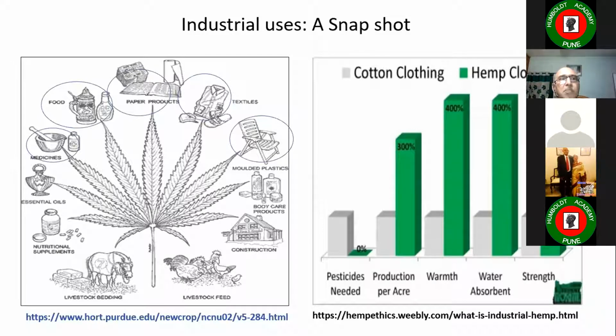It does not need much fertilizer because it has an intrinsic capability to kill bacteria, as Dr. Karve was telling, and the roots are very capable of killing bacteria. It also grows deep rooted, and that's why it holds water. The next one is warmth. It is 300 to 400 times warmer.